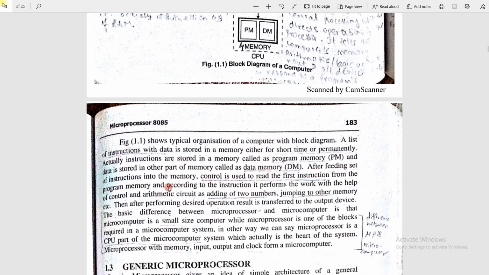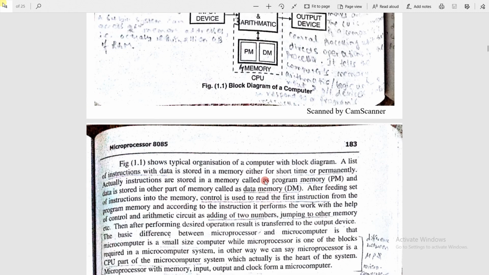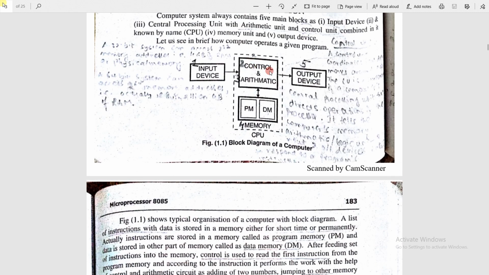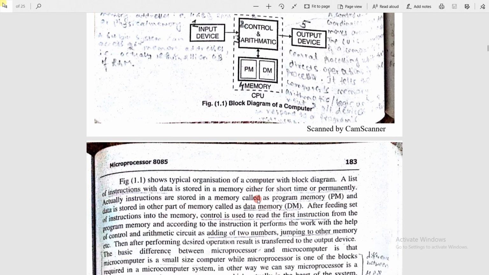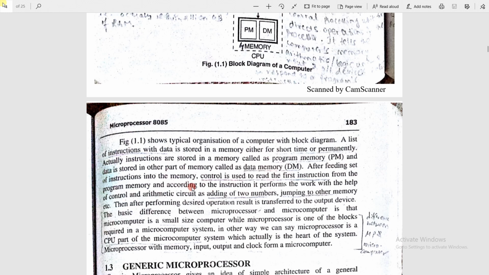After feeding the set of instructions into the memory, the control unit is used to read the first instruction from the program memory. According to that instruction, the control unit performs the work.